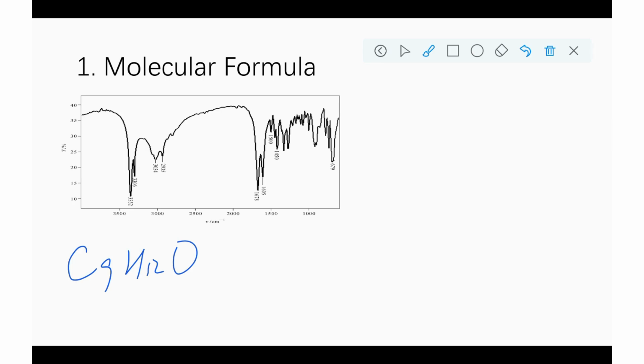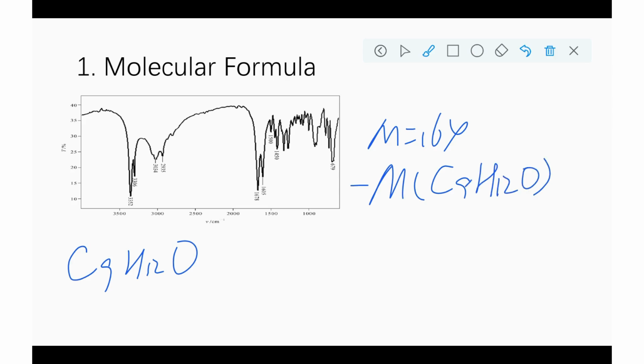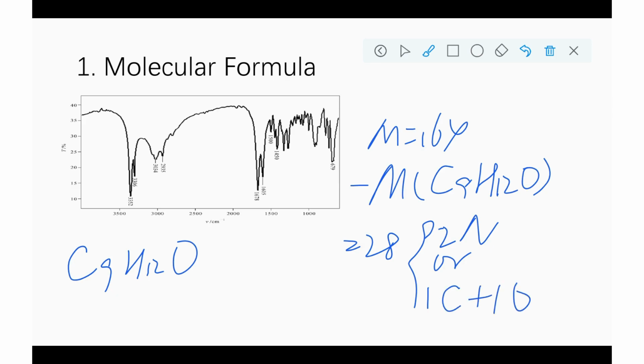And we already know that the molecular mass is 164. So 164 minus the mass of C9H12O gives us 28. And 28 can be composed of 2 nitrogen or 1 carbon and 1 oxygen.